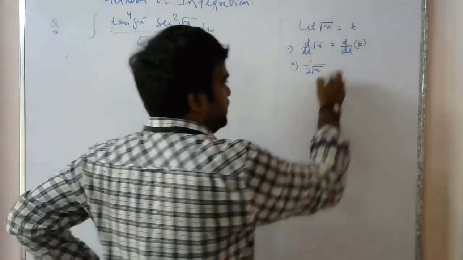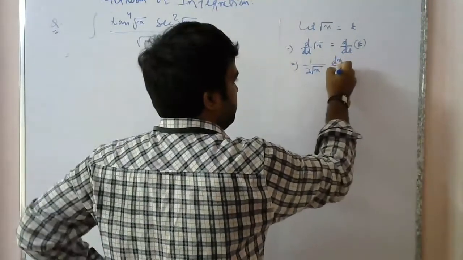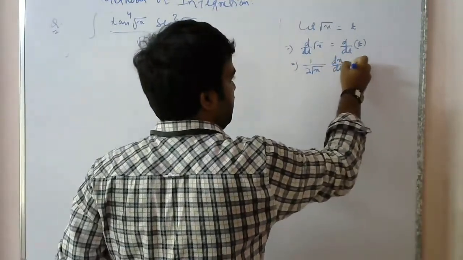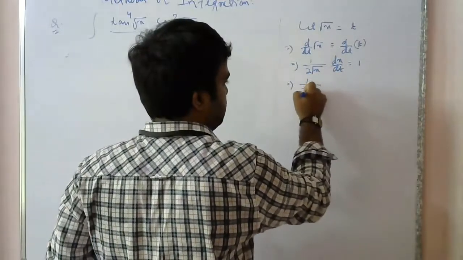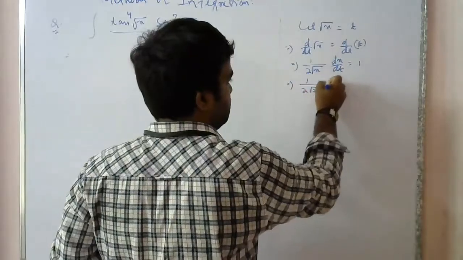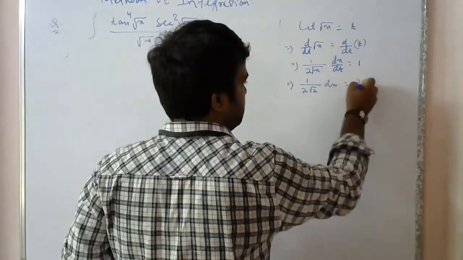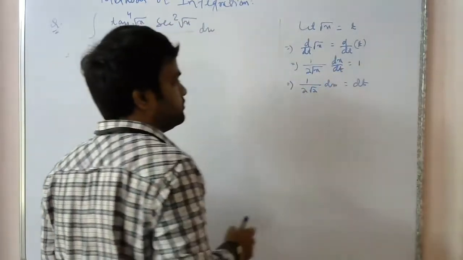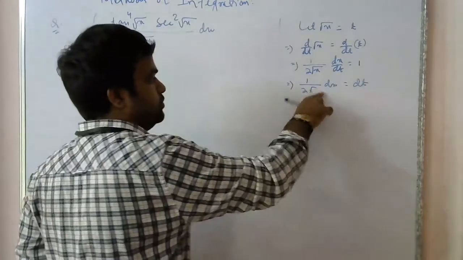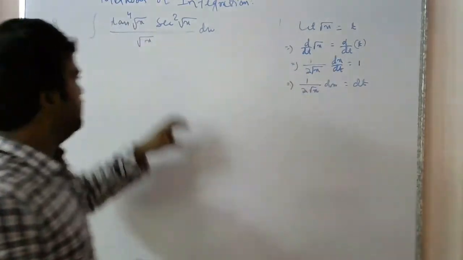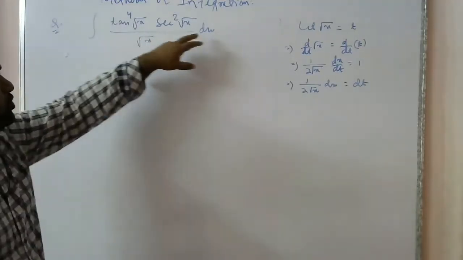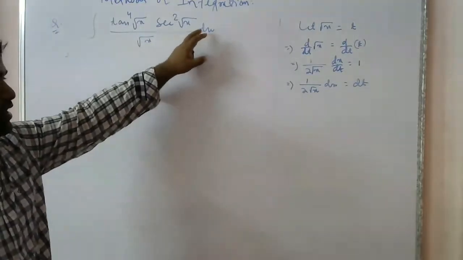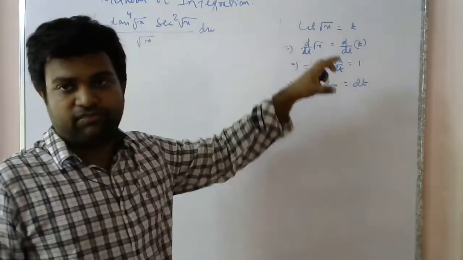So 1 upon 2 root x, then the dx upon dt term will come, and the right side is 1. So you can write 1 upon 2 root x dx is equal to dt. Okay. So here I'll substitute this. 1 upon root x is there, right? So I'll convert to the t variable first.